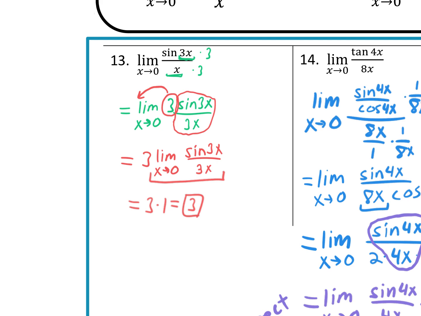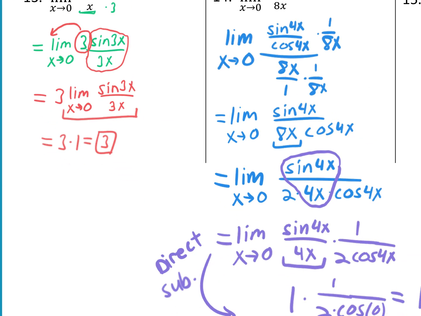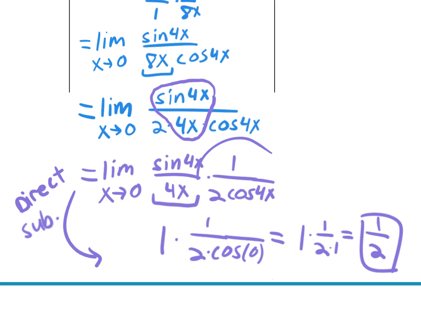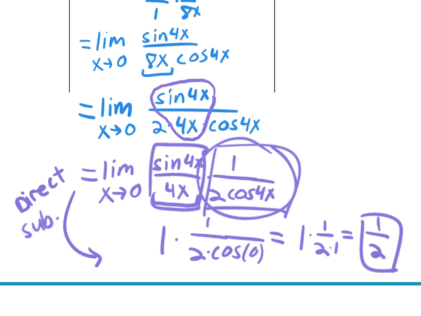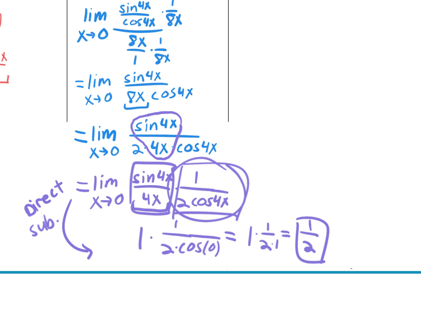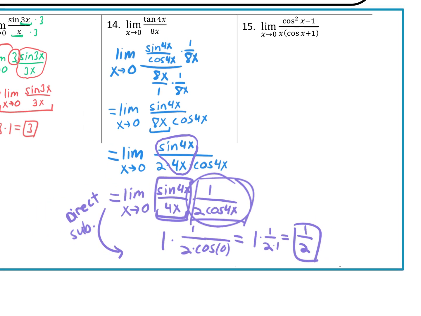The property is that it's equal to 1. The only reason we did it here is because this part is not a property, but this part was. So I didn't have to do direct substitution for this part of it, but you did for this. If it's a property, you don't need to explain it, you don't need to justify it, you can just plug it in. Basically, if you get tangent, you have to use both sine and cosine.